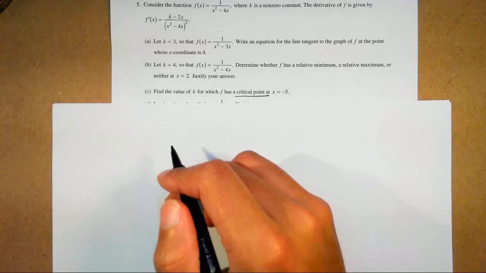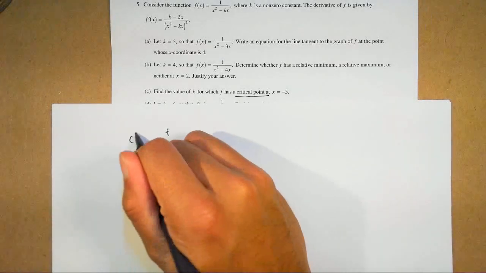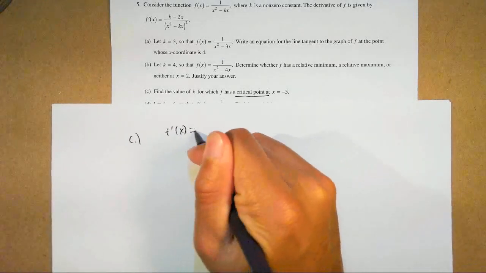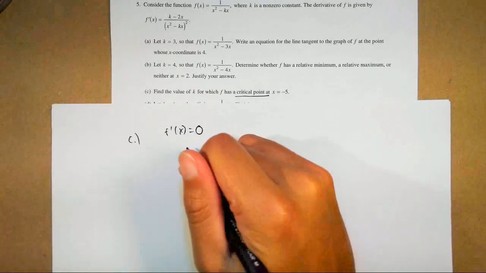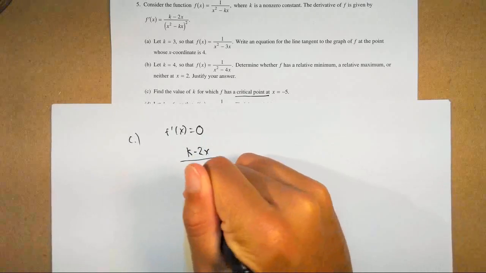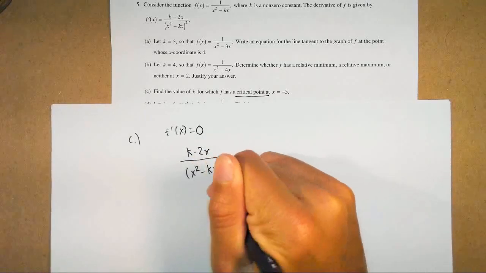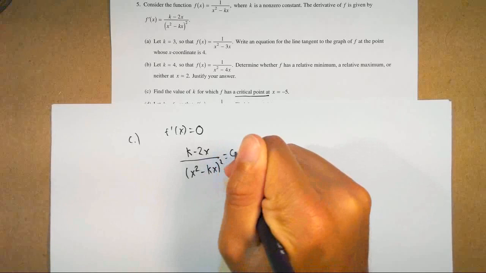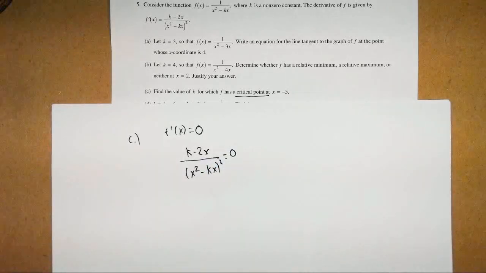So the first thing I'm going to do for part C is set f prime of x equal to 0. Well, what's f prime of x? k, which I'm trying to find, minus 2x over x squared minus kx squared equal to 0. Well, what's x equal to? They're telling us that x is equal to negative 5. So I'm going to take negative 5 and plug it in.